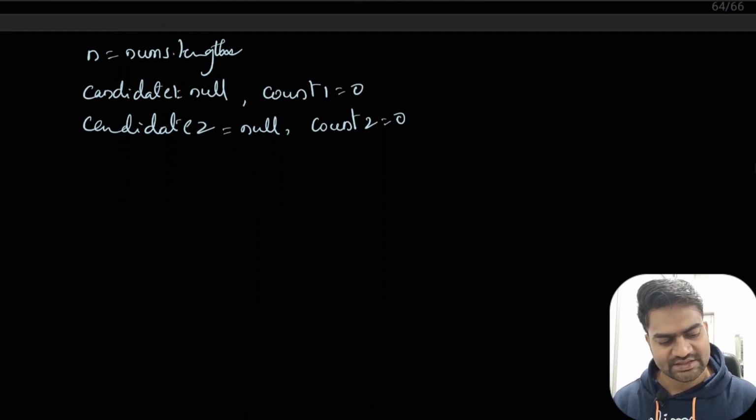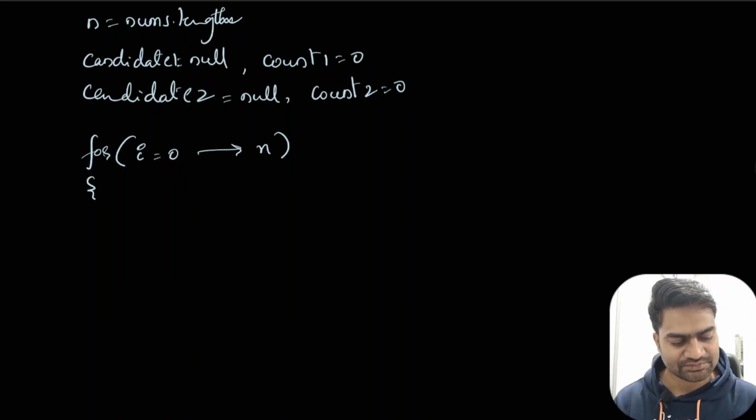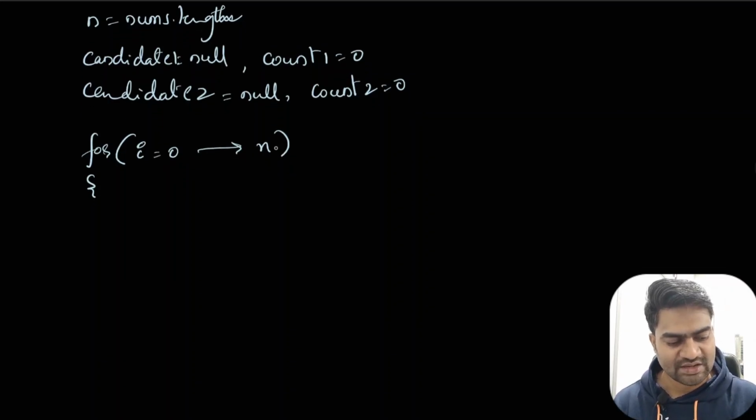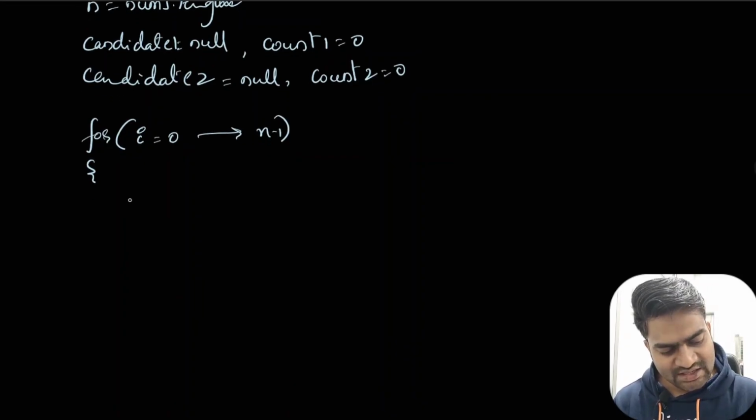So with this, now I will iterate over the array for i equal to 0 to n minus 1, because we will iterate from 0 to n minus 1.